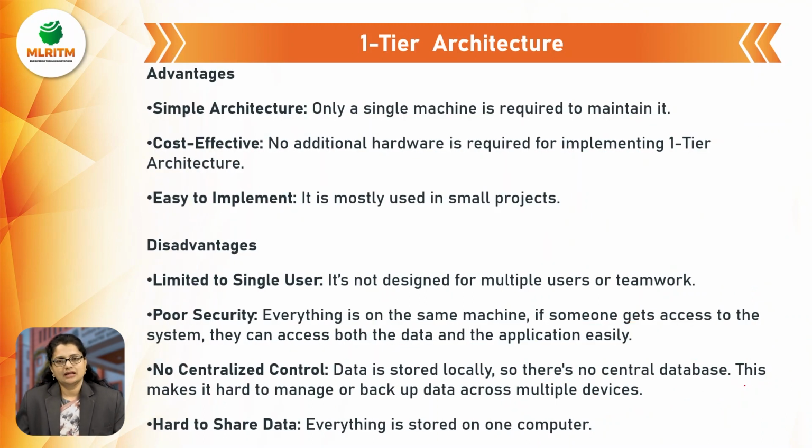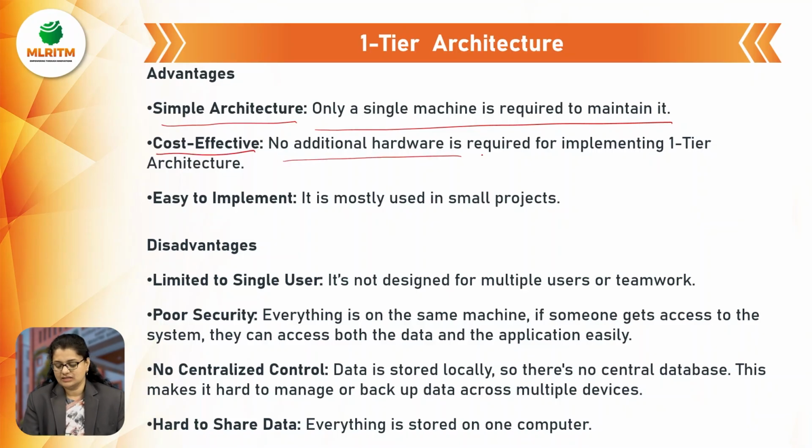Now, what are the advantages and disadvantages of the Tier 1 architecture? The first advantage is a simple architecture. Everyone can easily understand it. A single machine is required to maintain it. Only one system can handle the entire data. Next, cost efficiency.